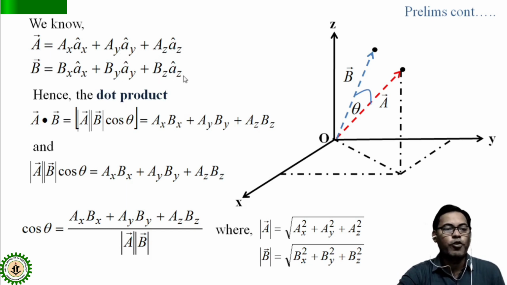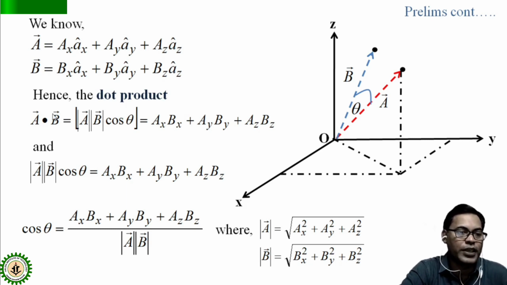Now if we want to find the dot product A dot B, it will be the magnitude of A times the magnitude of B into cos theta, where theta is the angle between vector A and B. If we calculate this, we get Ax Bx plus Ay By plus Az Bz. This term is a scalar quantity, so if we take the dot product of two vectors, we get a scalar quantity.